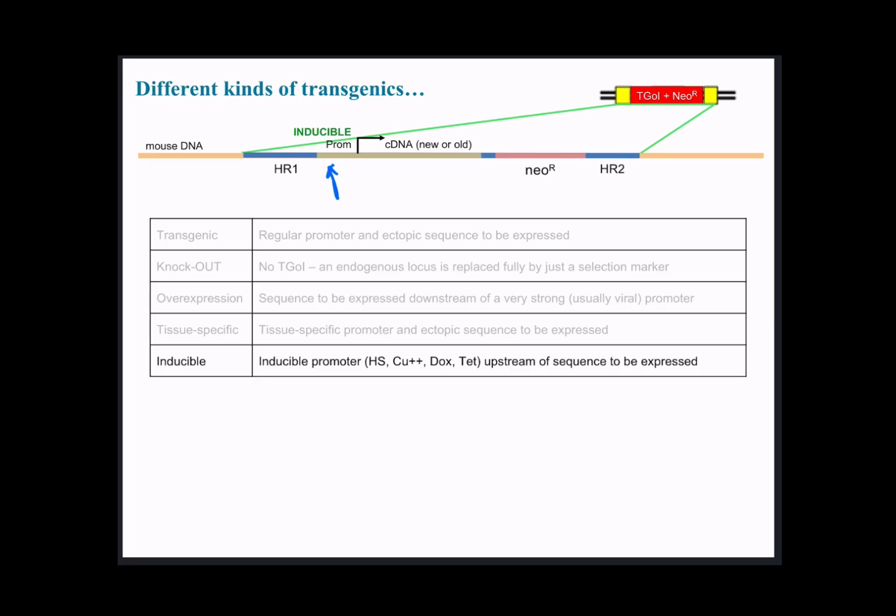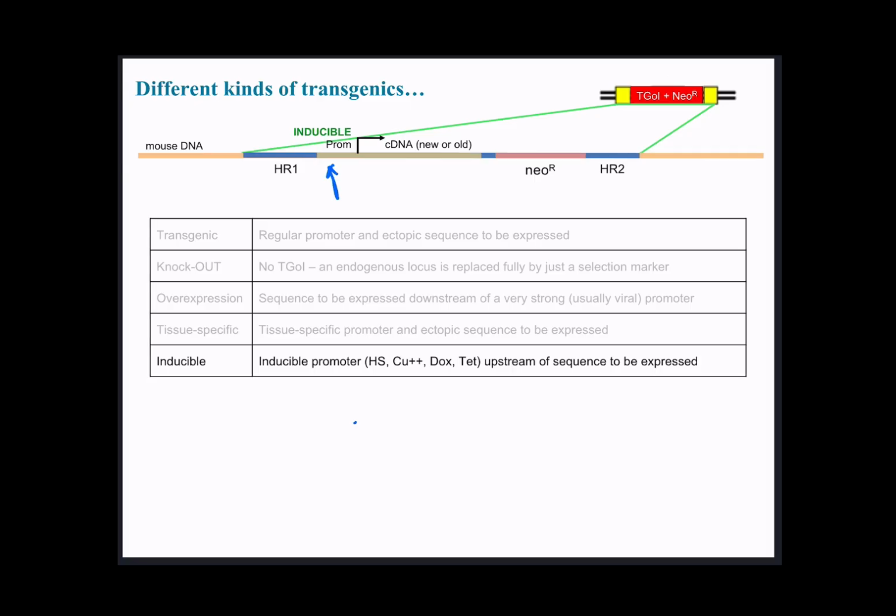Think, for instance, about those inducible repressors that operated in the bacterial operons that we could make bind DNA or not, depending on the presence of lactose or tryptophan or what have you. So there are systems like those in eukaryotes as well, and there exist promoters that will be induced, or in other words, that the factors that bind them will actually bind DNA under certain conditions.